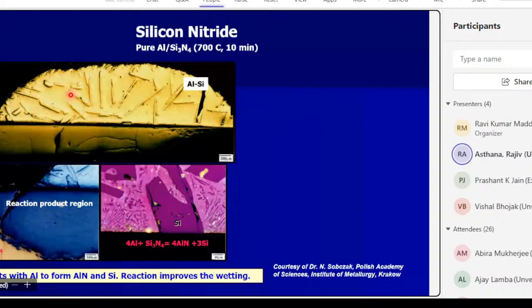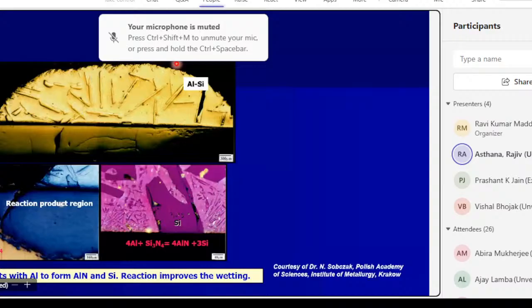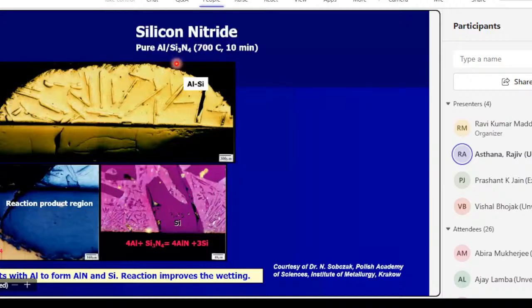Another example of interactions: a zinc oxide single crystal was in contact with pure aluminum. On this side, we have the droplet of pure aluminum, and over here was the solid single crystal zinc oxide. But you can see that it is no longer a single crystal because of the reaction of zinc oxide with aluminum. There was dissolution and reprecipitation of aluminum oxide crystals.